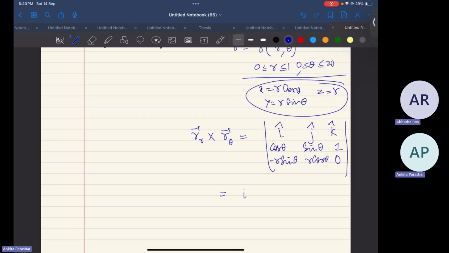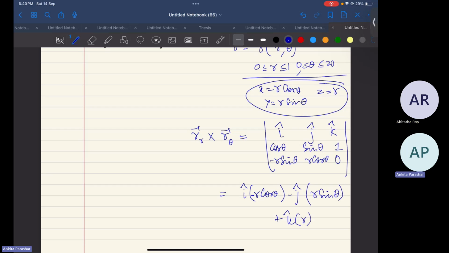i cap is going to be r cos theta, and then minus j cap is going to be, sorry, I think I missed something, minus r cos theta, minus j cap is r sin theta, and then k cap is r.